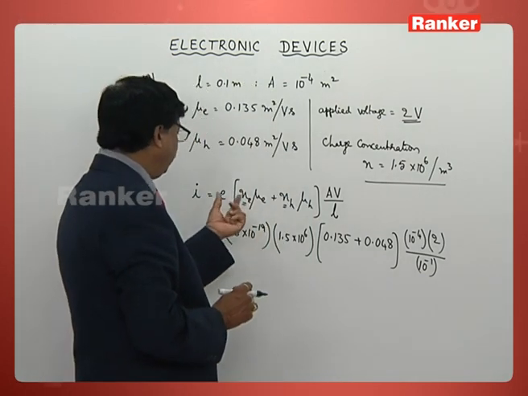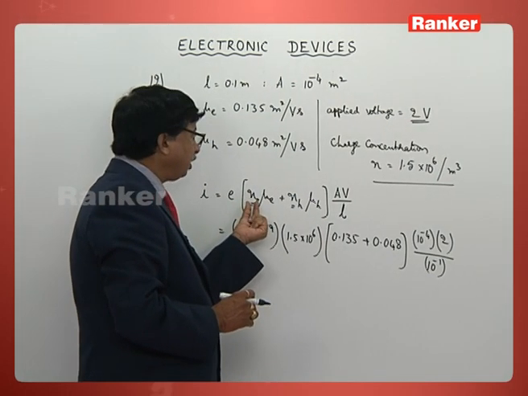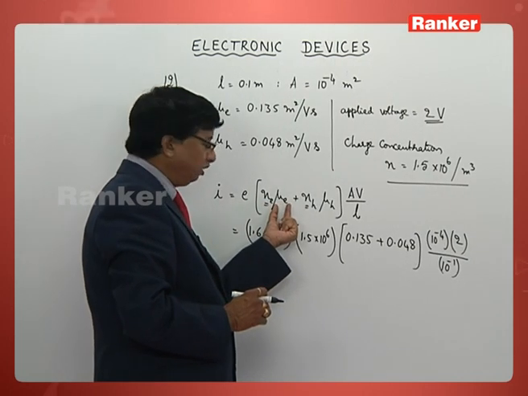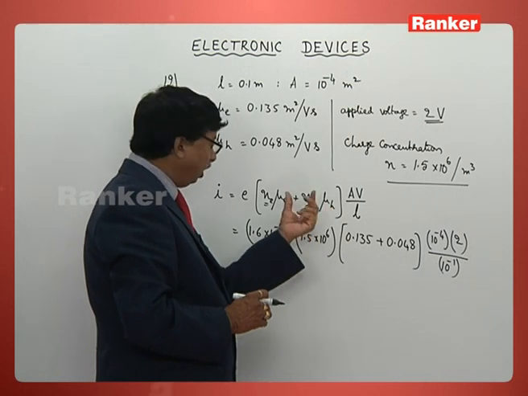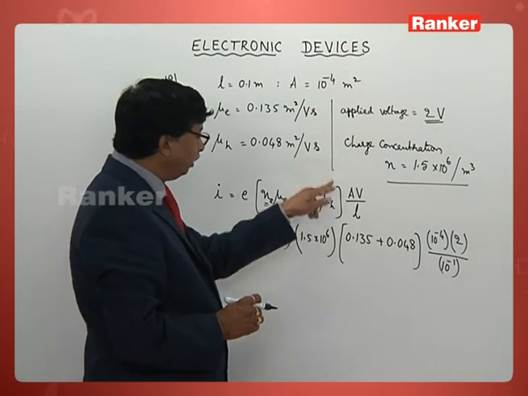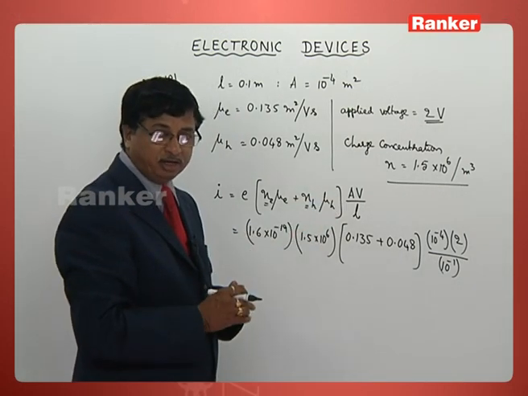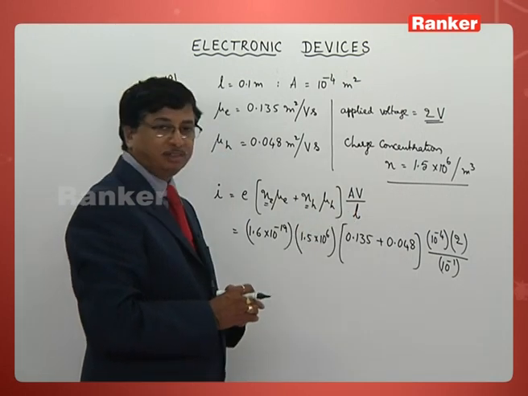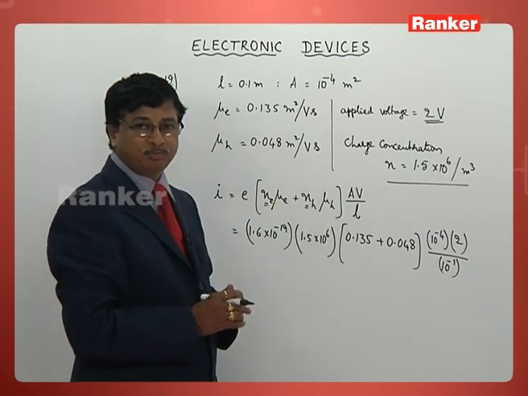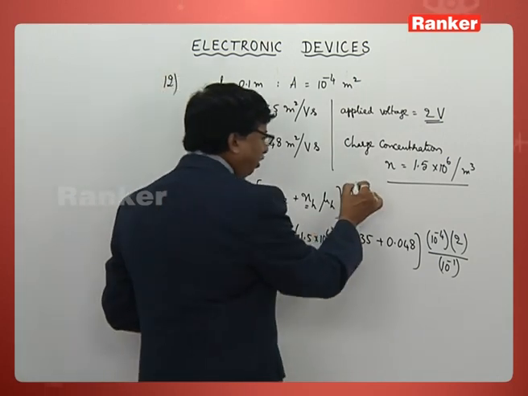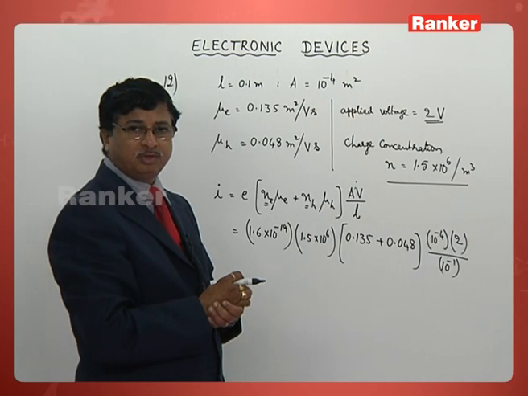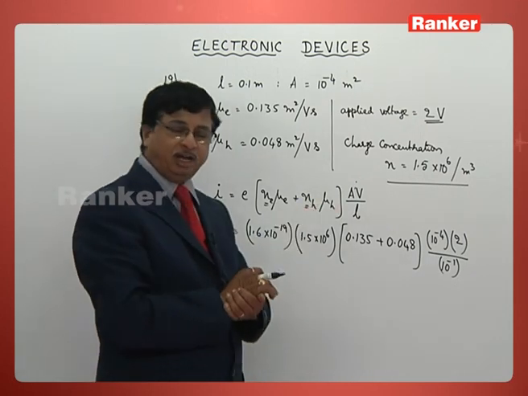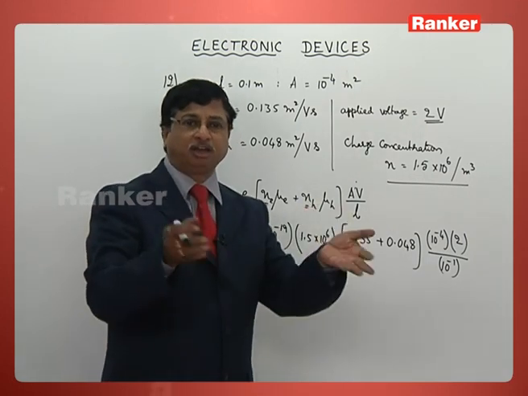So observe carefully, E into charge concentration into its mobility of electron plus charge concentration into mobility of hole into area of cross section into the potential applied by length. That is the concept. In fact, you people can understand what is this V by L officially. V by L is nothing other than electric field across the system.